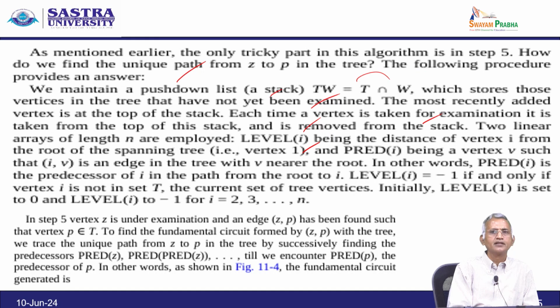In other words, the predecessors of I trace the path from the root to I. Level I equals -1 if and only if vertex I is not in the current set T of tree vertices. Initially, level 1 is set to 0 and level I is set to -1, where I varies from 1 to n. So, this is a technique you have to use.